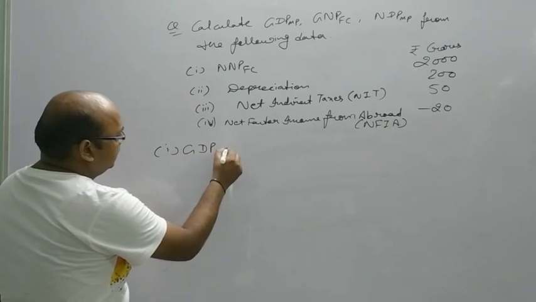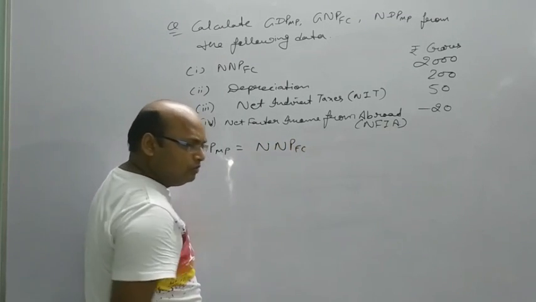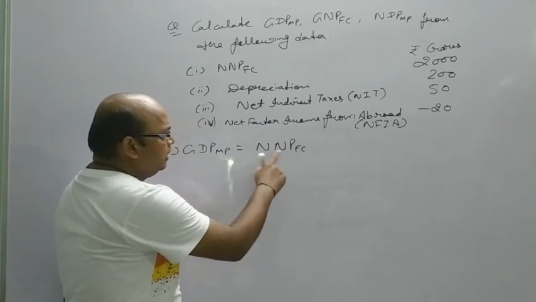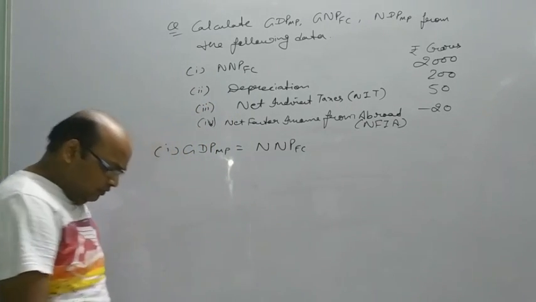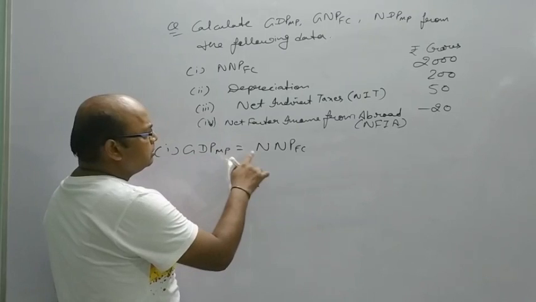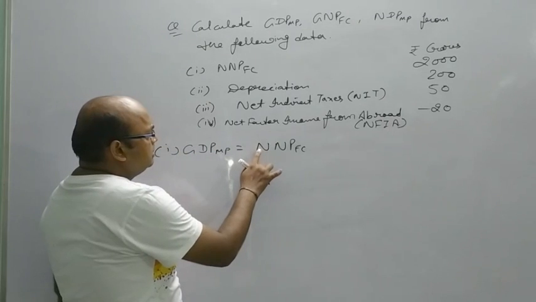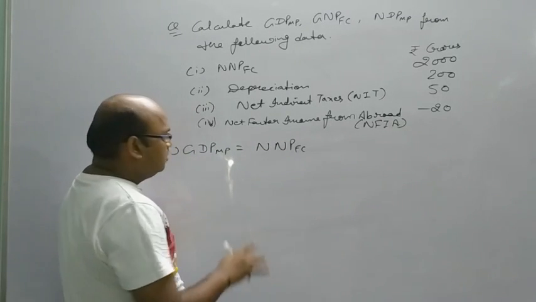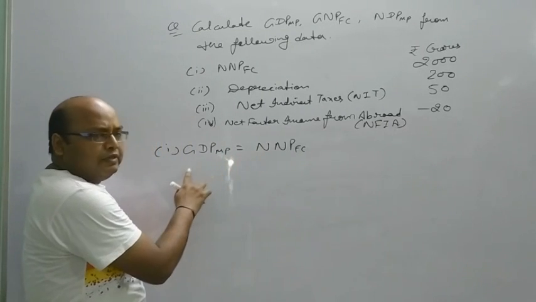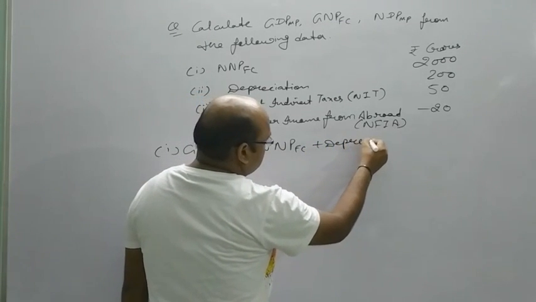Now we calculate GDP-MP first. NNPFC is national income. When the question says calculate national income, we calculate NNPFC. Now it is basic; when we do the full question, we will study that. Gross domestic product at market price, and this is net national product at factor cost. The relationship between gross and net is depreciation: gross is equal to net plus depreciation.